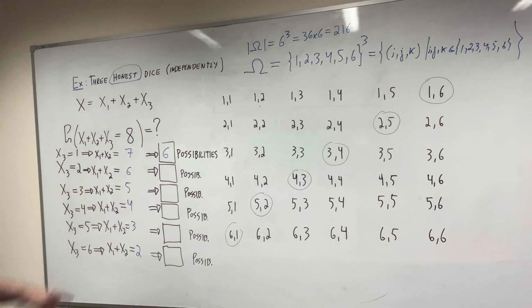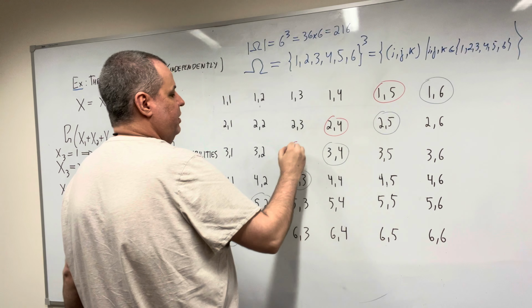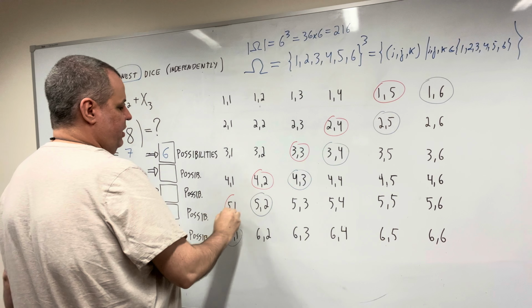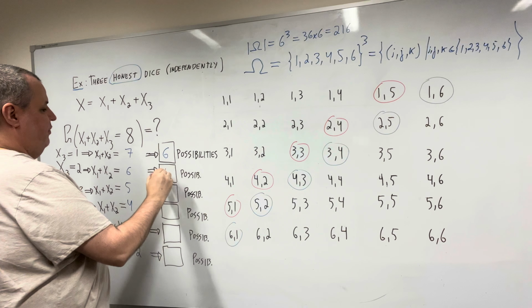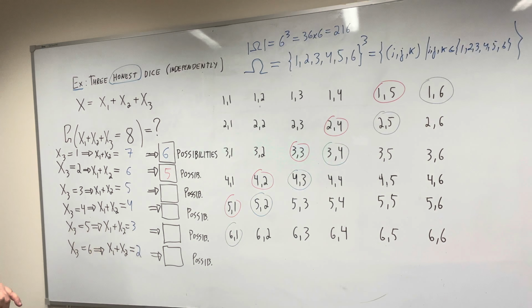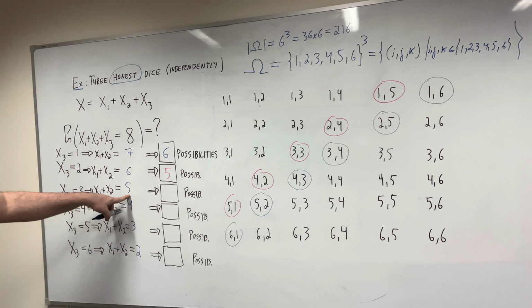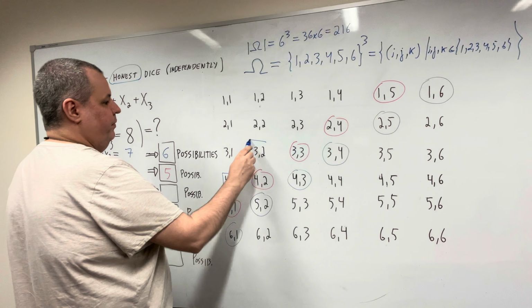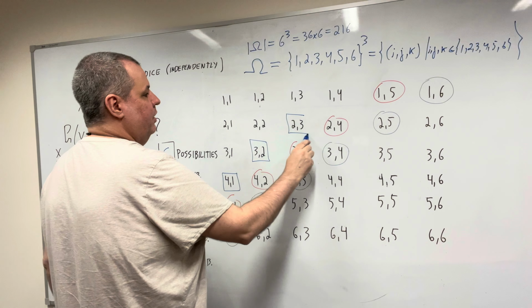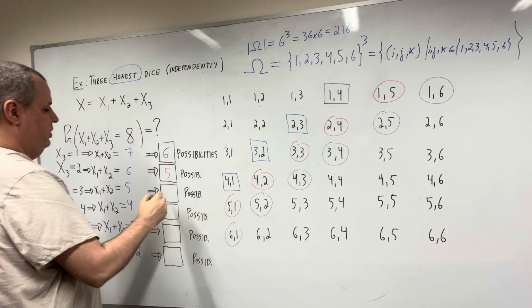What are the possibilities of having 2 dice adding to 6? Well, it's here, here, here, here, and here. 1, 2, 3, 4, 5. I have 5 possibilities in this case. Now, when x1 and x2 add up to 5, I'm here, here, here, and here. 1, 2, 3, 4 possibilities.